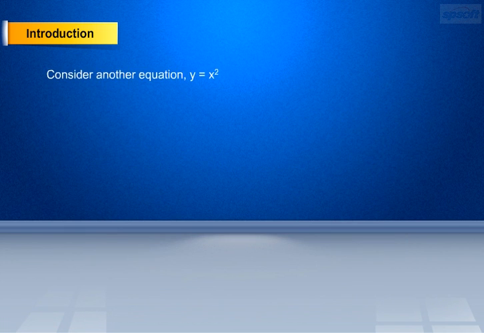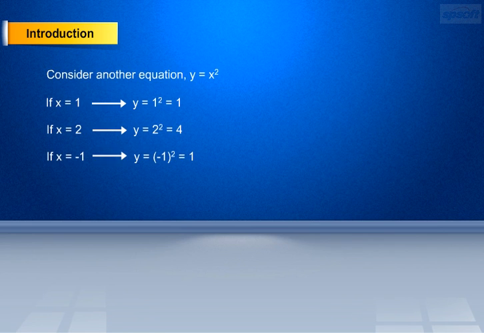Let's see another example. Consider another equation, y equals x square. Here the above equation has one specific shape. Let's assume, if x equals 1, then y equals 1 square, that equals 1. If x equals 2, then y equals 2 square, that equals 4. If x equals minus 1, then y equals minus 1 whole square, that equals 1.